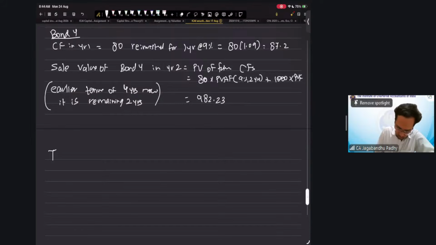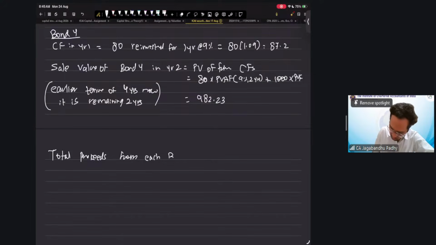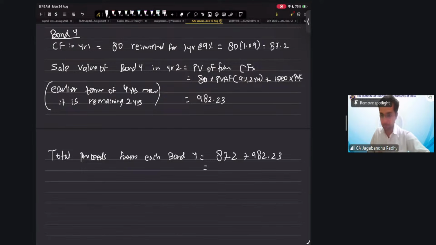So what is the total proceeds from each bond Y? First, the coupon was reinvested, which matures to 87.2, plus 982.23.